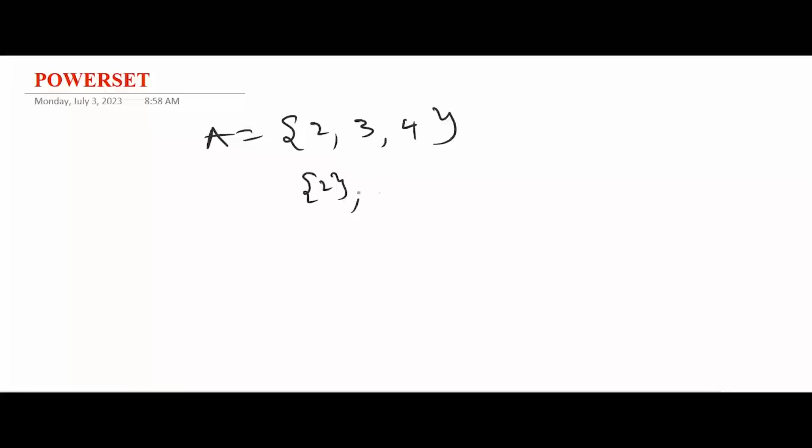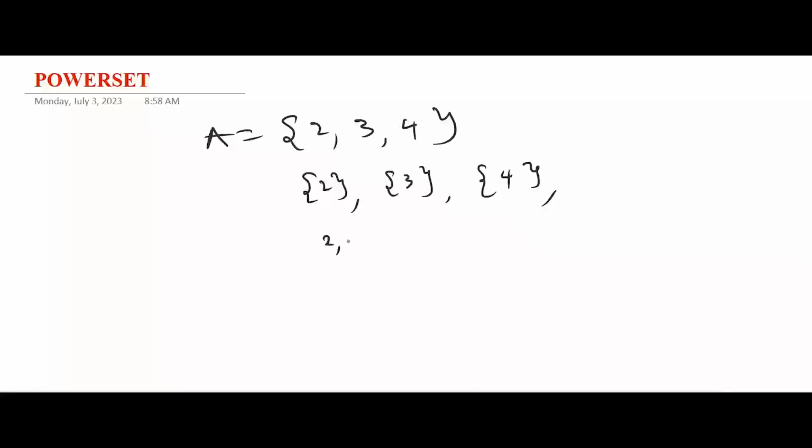You can form one set, 2. You could form another one, 3, and another one, that is 4. Okay, so you could form another one which should be a combination of two elements. You can have 2, 3. Okay, that's another one. You could have 2, 4. That is another one, and then you could have 3, 4.